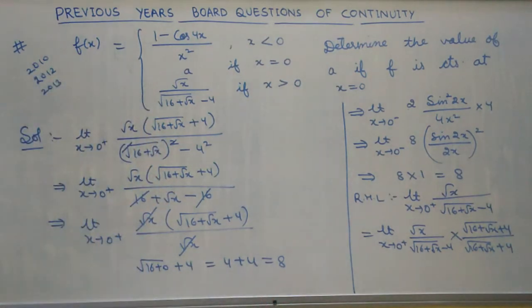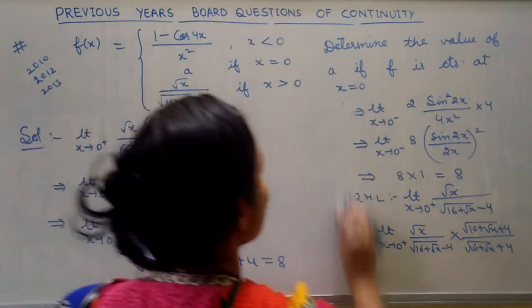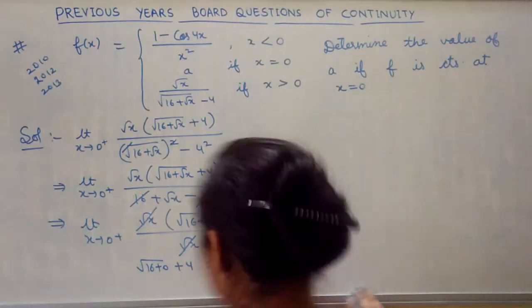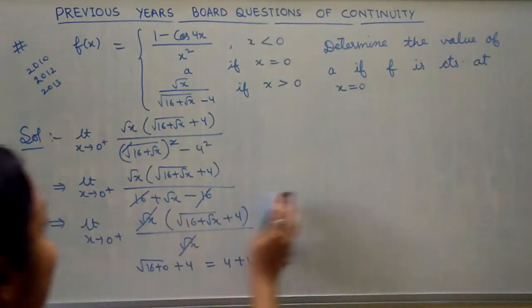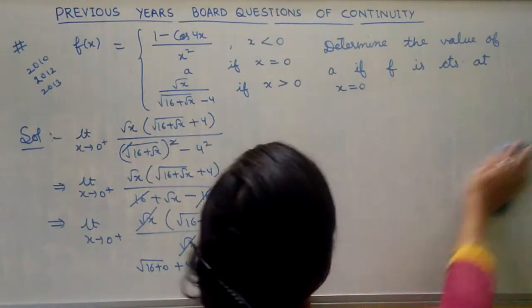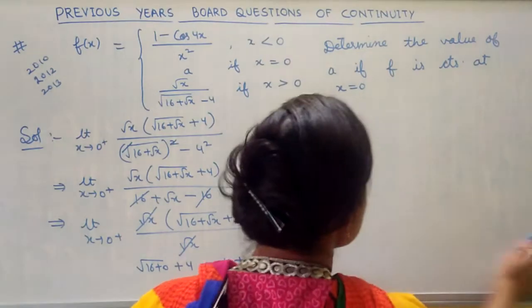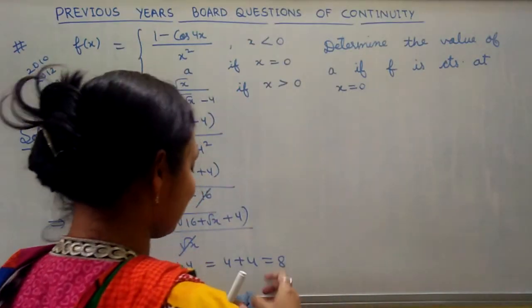So I will put the values in the first equation. What is the first equation? The first equation is left hand limit equals right hand limit equals f of 1. Okay, I will take that first limit. What is that limit?